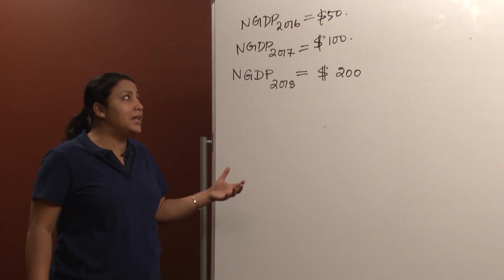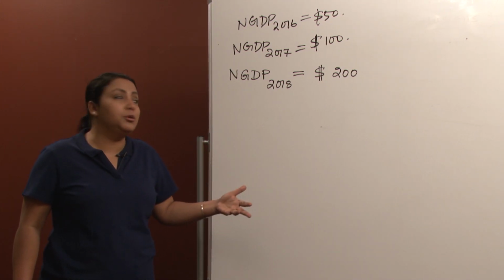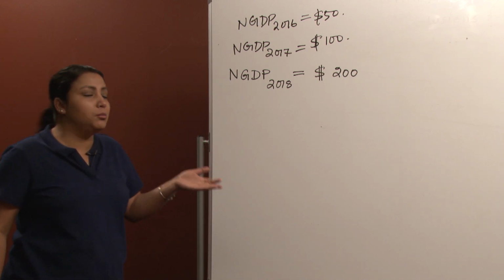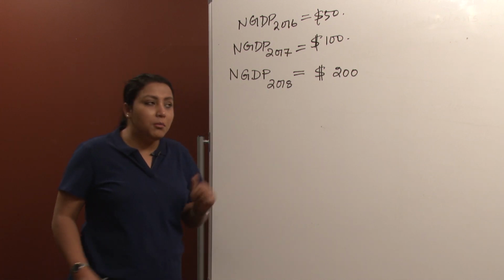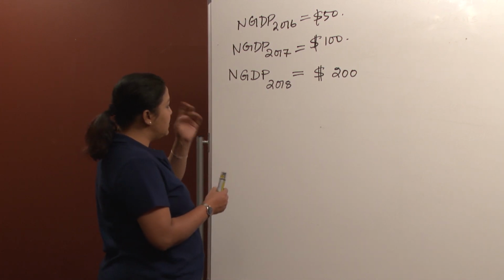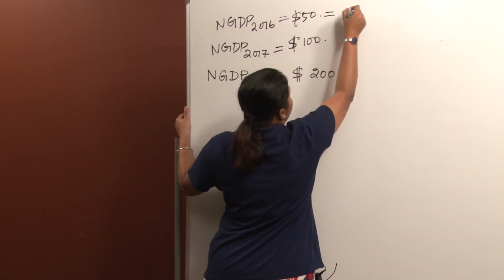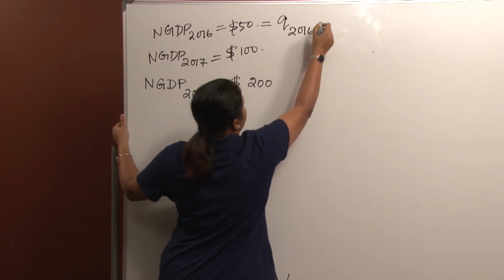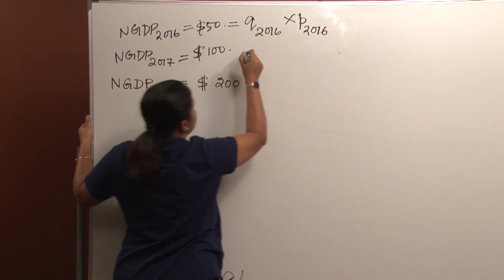Or can we say that the US economy has doubled in its production ability from 17 to 18, or quadrupled in its production ability from 16 to 18? Well, the answer is no, because what you're really doing is you are looking at the quantities that were produced in 2016 and you are multiplying them by the prices of 2016.